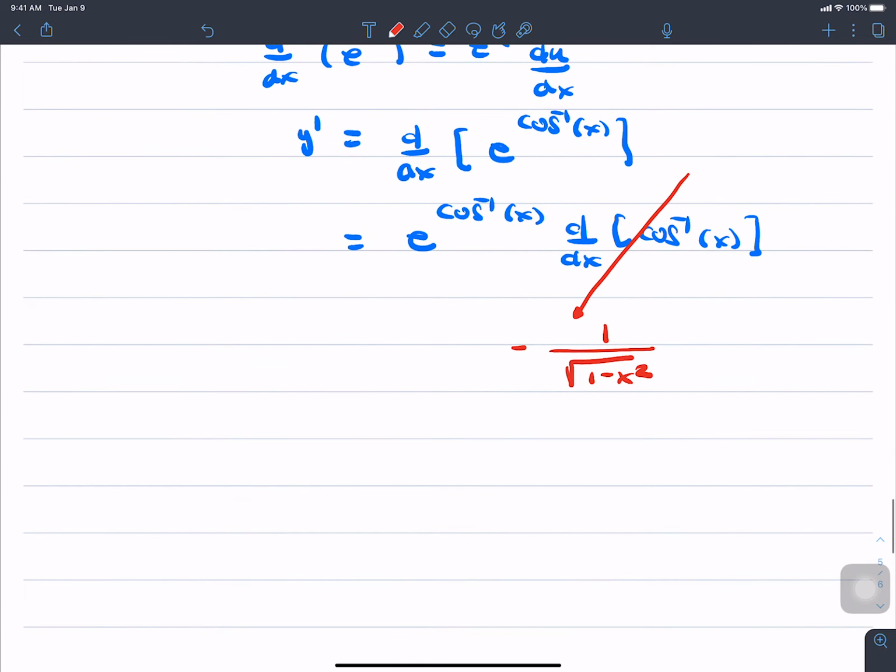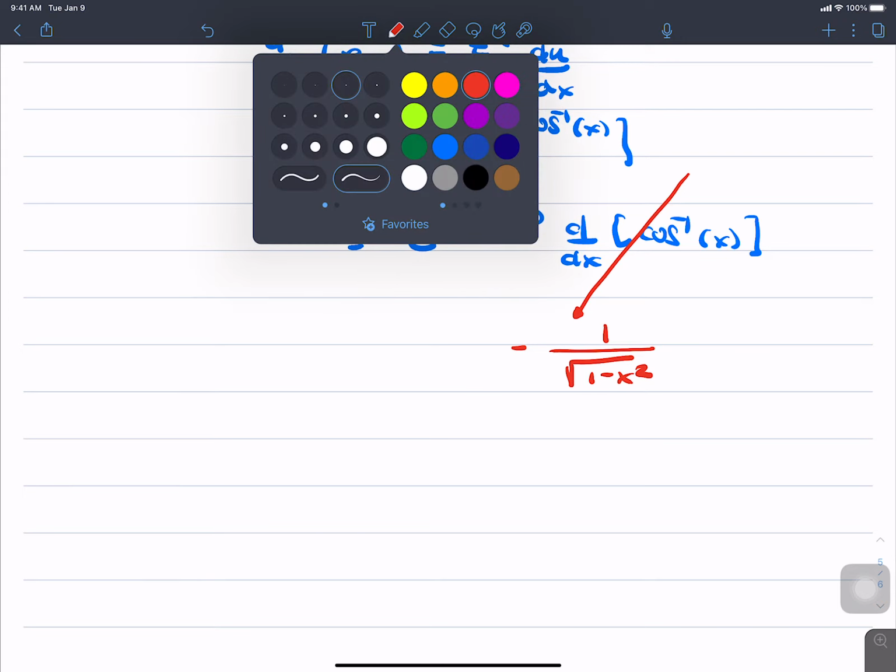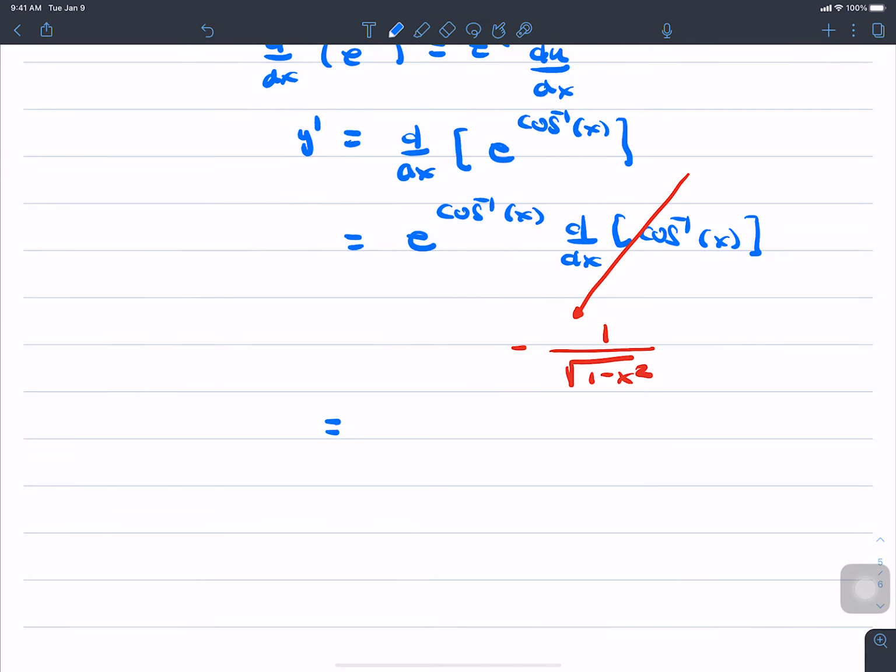So this is the chain portion for this function here. And we end up with negative e. Let's move this down.